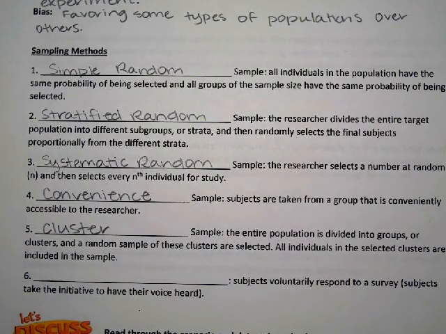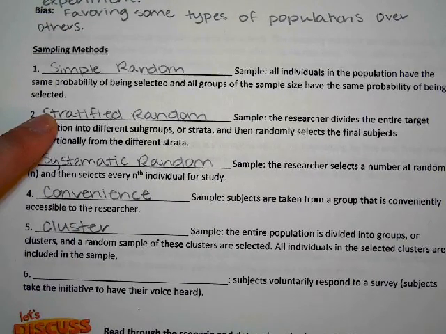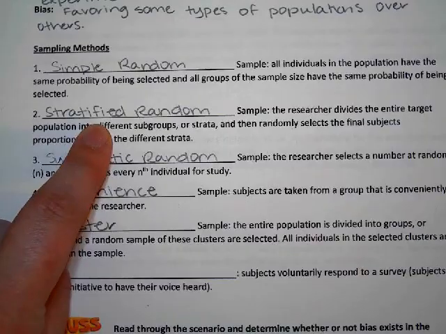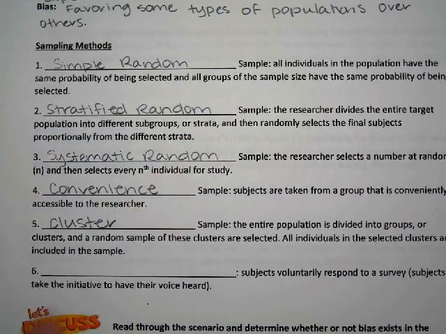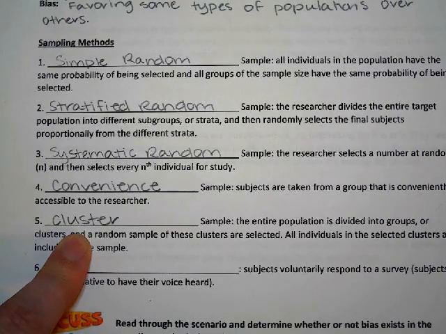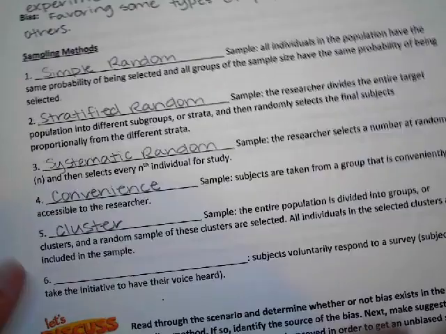So that's the difference between a cluster and stratified random. Okay, so both of them you divide into groups. Stratified random, you take something from each group. In the cluster, you take the entire group for a few of them, but you ignore some of the other groups, right? And then the last one is voluntary response.